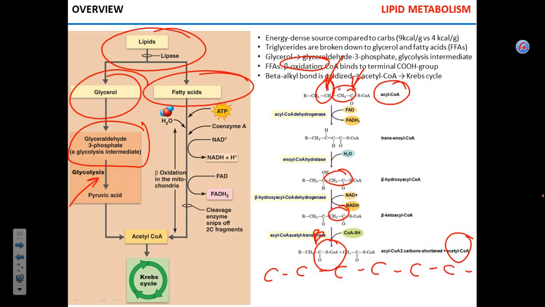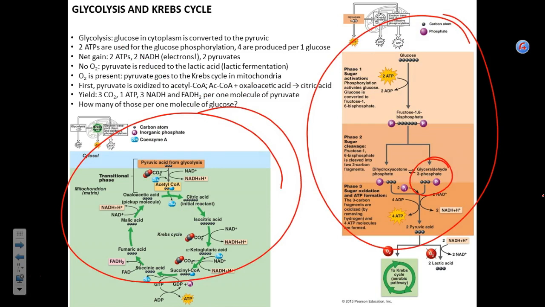We're clear. Now, where does acetyl-CoA go in the carbohydrate metabolism? Krebs, yeah, it gets into the Krebs cycle, remember? Here, Krebs cycle. Gets plugged in there. That makes sense.